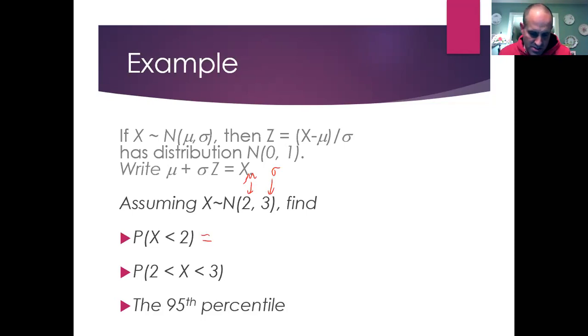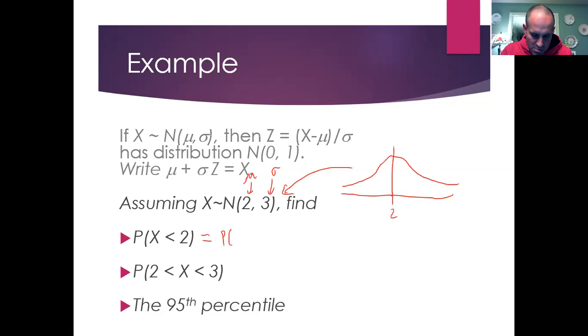Well, what does the distribution of this look like? It's going to be like this. What is right in the middle? Well, 2 is. So that should be 50%. But let me just write it this way.